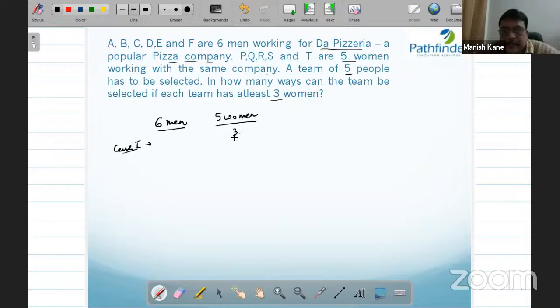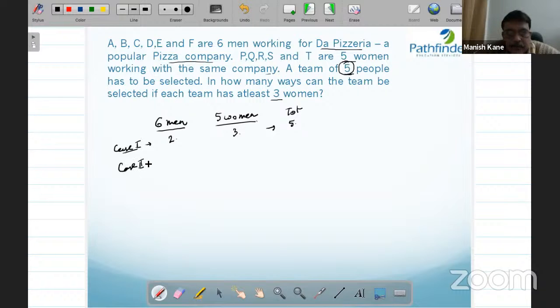So obviously we'll start with 3 women. And since the total number of people is 5, I have to select 2 men. This must be case 1. See, we have to select a team of 5, right? Charu, not 6.